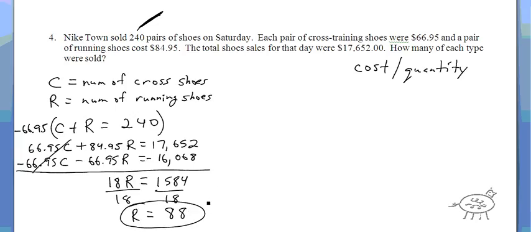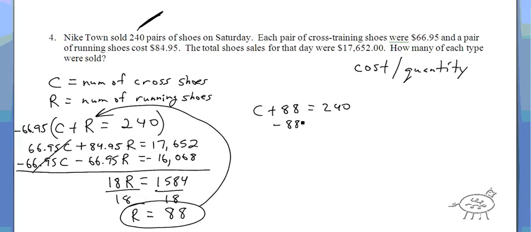And of course the easiest one to plug it into is this one right here. You want to plug it into the one without all the decimals. So it's going to be C plus R, or C plus 88, equals 240. Subtract 88 from both sides. So C equals 152. Okay, so again, in English, you need to write a nice little answer here.